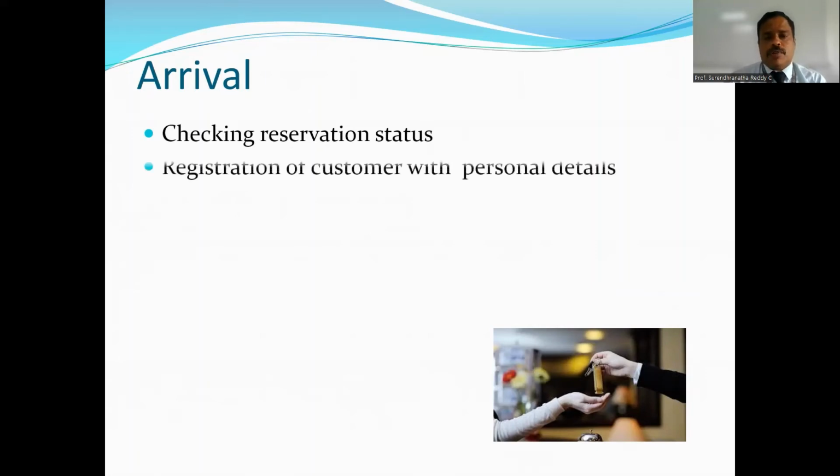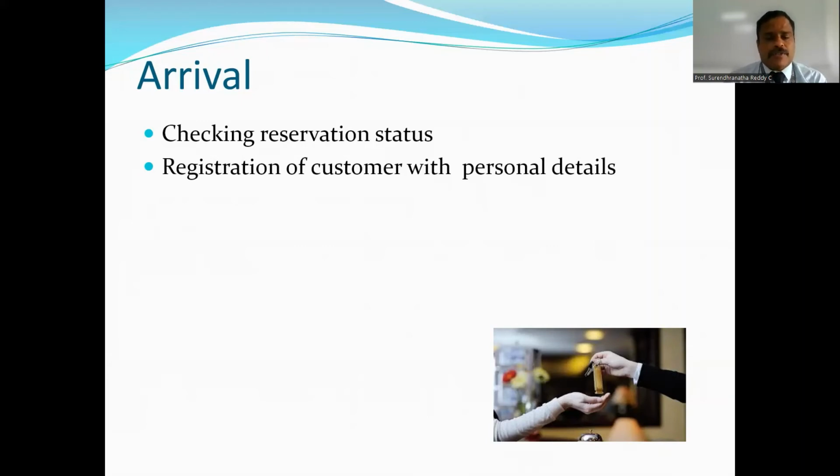The next stage is the arrival. In arrival, you go to the hotel where you booked a room. What happens in the arrival? First, they check the reservation status, whether the reservation is done in your name, and how many rooms you have booked. Then they register the customer details through an application. Sometimes you fill everything online, so you don't need to fill any form once you go there.